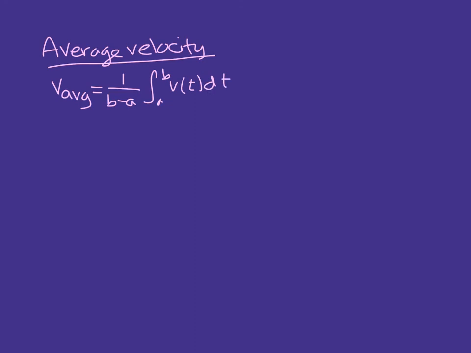That would be the first way of doing it. You also have an option of doing that using your average rate of change formula. However, velocity is the average rate of change of the displacement. So you would actually take your displacement and then you would use the average rate of change.